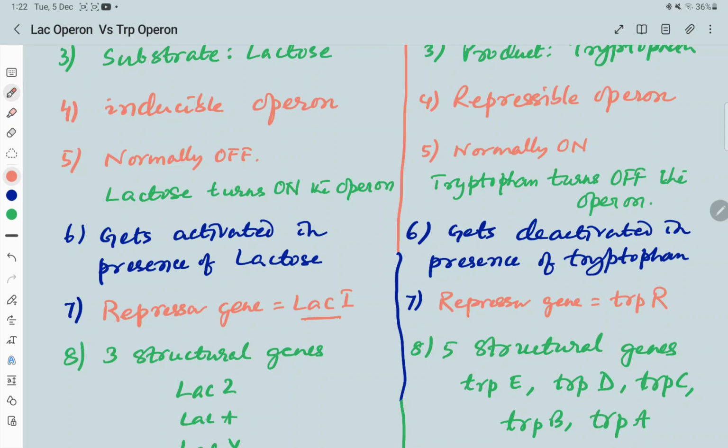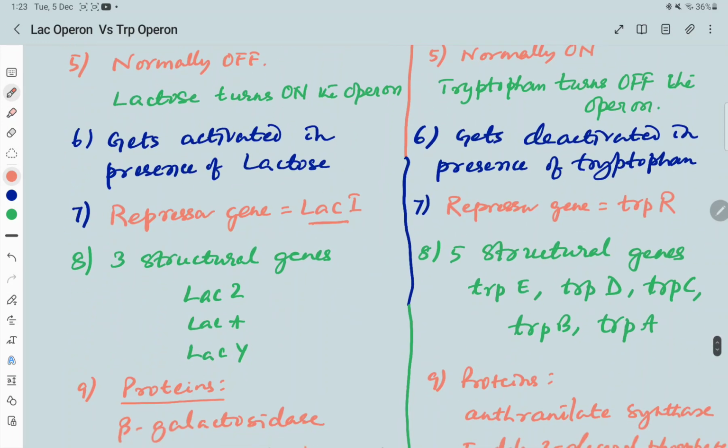The operon gets deactivated in presence of tryptophan in case of TRP operon. The repressor gene is LAC-I in the lac operon, and the repressor gene is TRP-R in case of TRP operon. LAC-I is closer to the promoter and operator, the operon, and in case of TRP operon, the repressor gene is away from the operon.